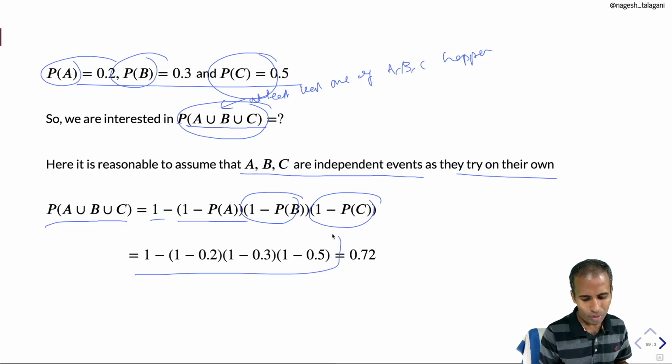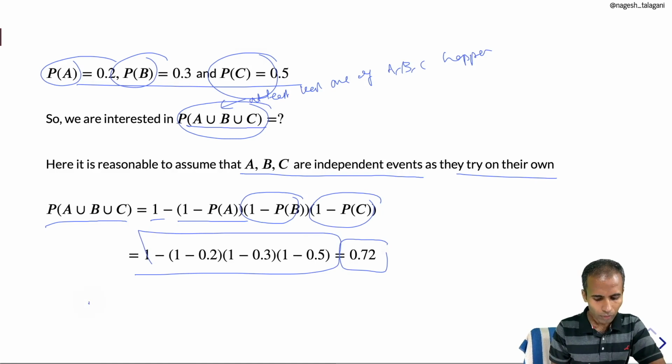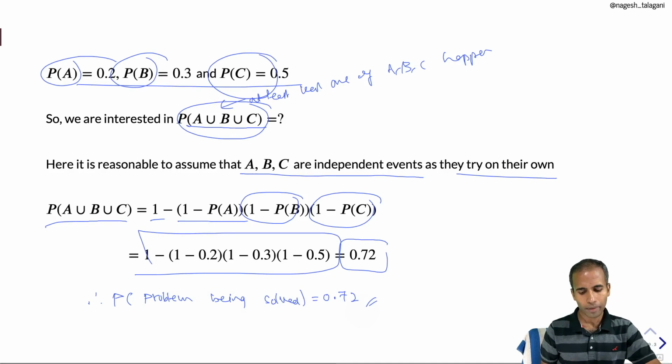Then this whole thing gets simplified to 0.72. Therefore, the probability of the problem being solved is equal to 0.72. Fine?